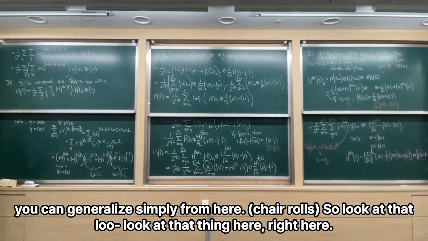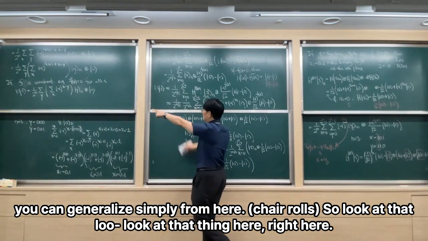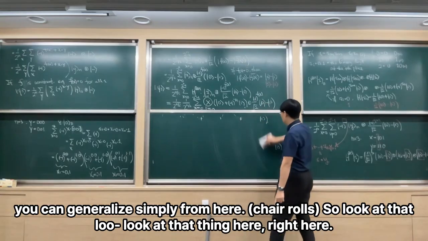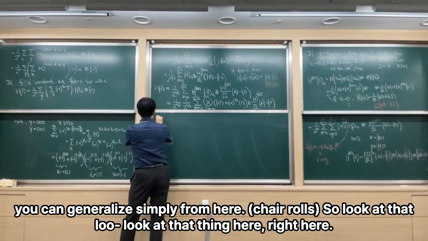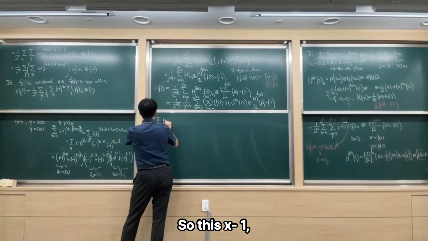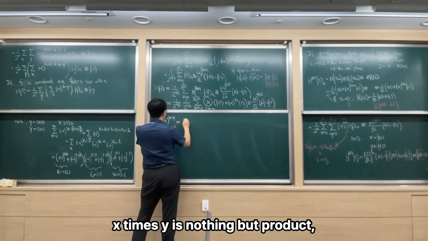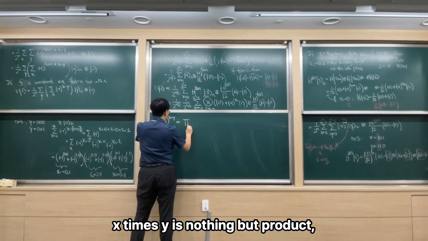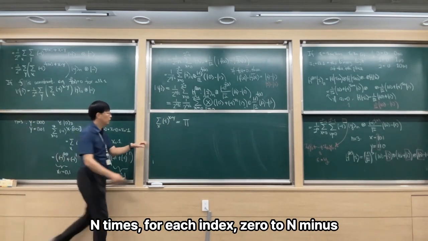You can generalize simply from here. So look at that thing right here. This (-1) to the power of x times y is nothing but a product. So this is a product. How many times? n times.